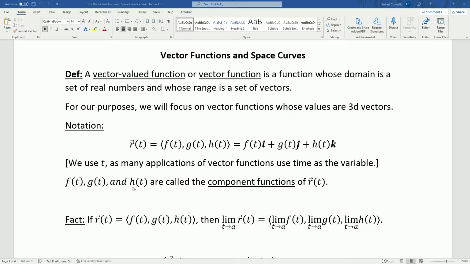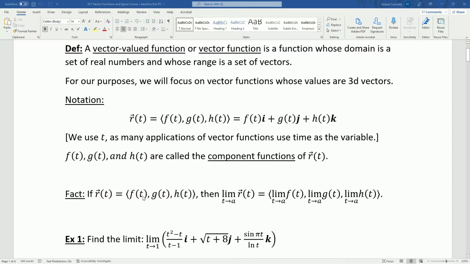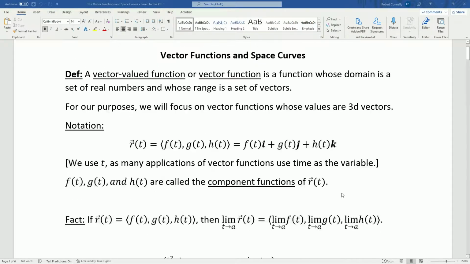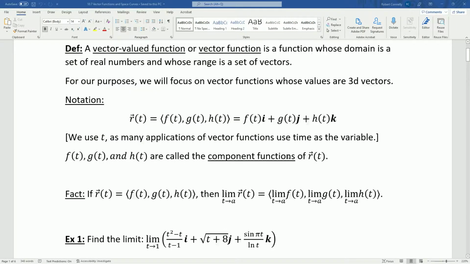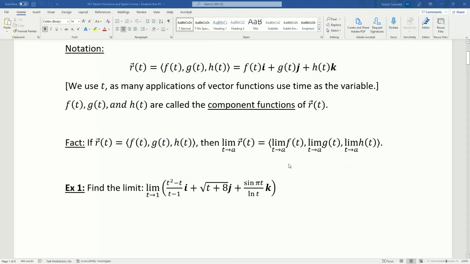All right, so fact, if r of t equals this vector function expression, then the limit as t goes to a of r of t is equal to the vector that results from taking the limit on each component. So that's not hard to show using the definition of a limit on a vector, but we're going to go ahead and just take that as a given here.